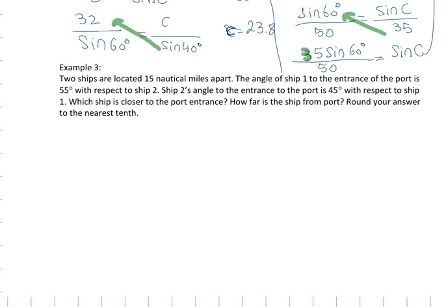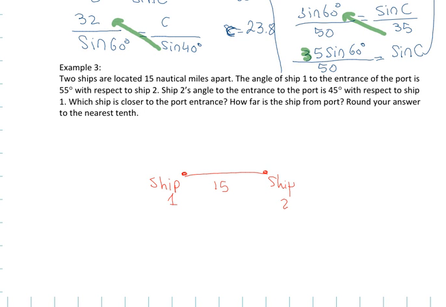Okay? So in this case, it's ship 1 and ship 2. I know that they are how much apart? 15 nautical miles. So I know that this is 15 nautical miles.